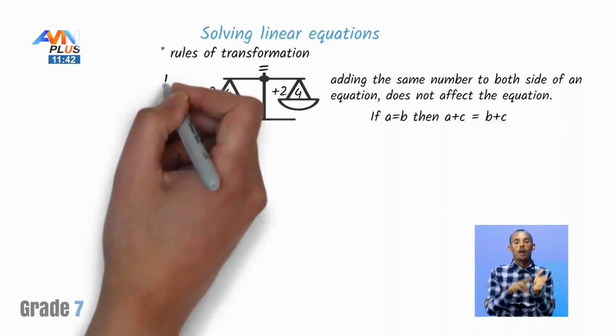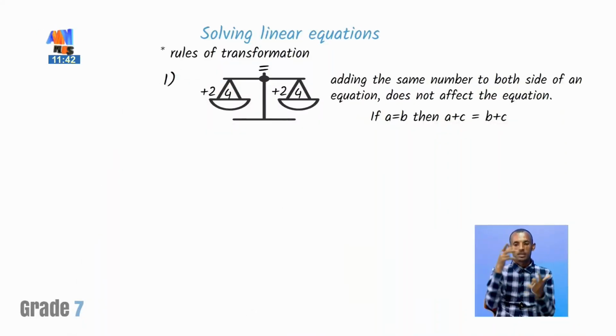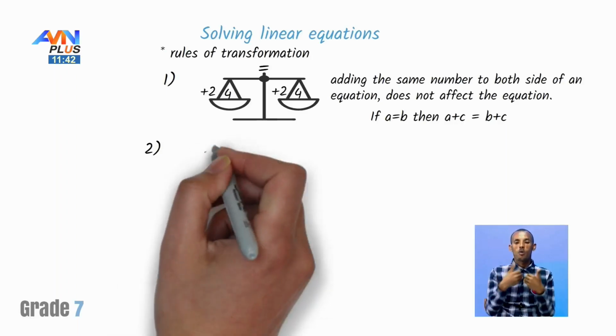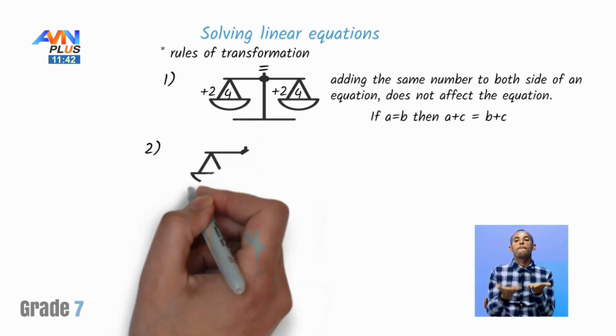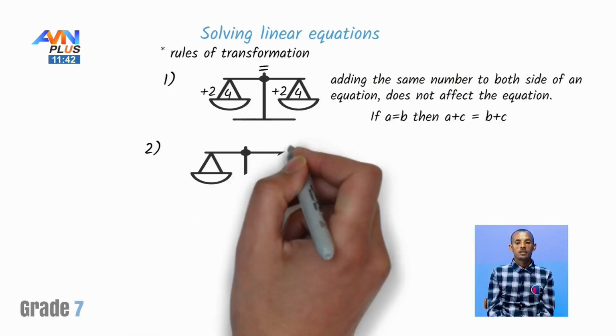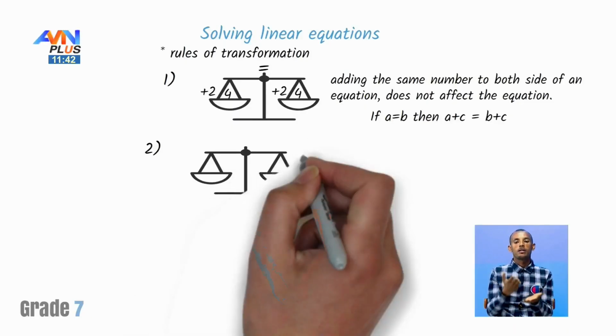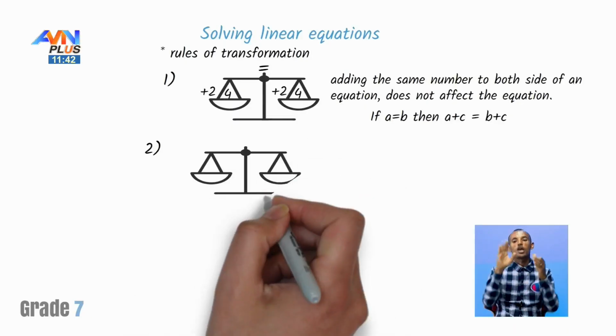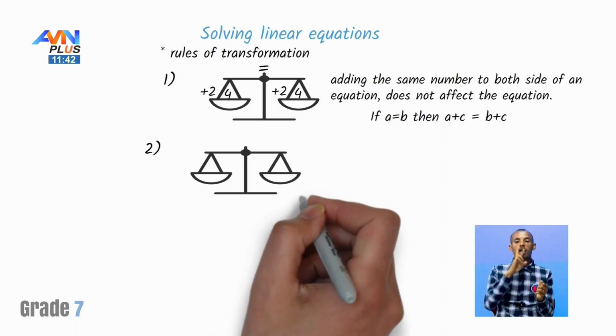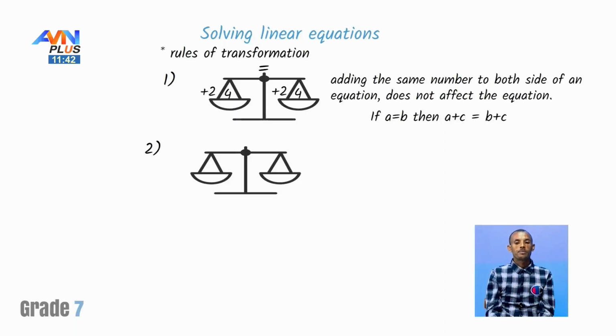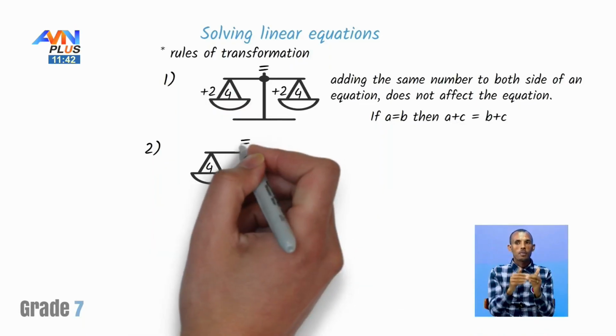Now, let's see the second. Again, here you have a balance. The balance can represent an equation if both sides are equal. So here you have again 4 kg on both sides. They are equal, they are balanced.